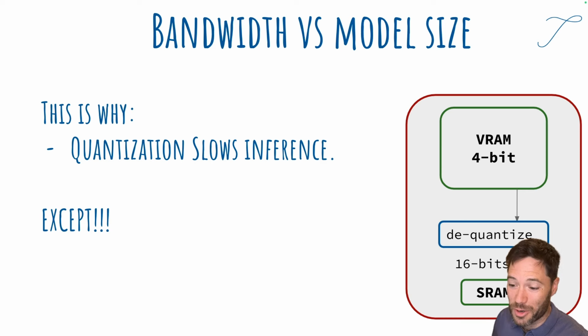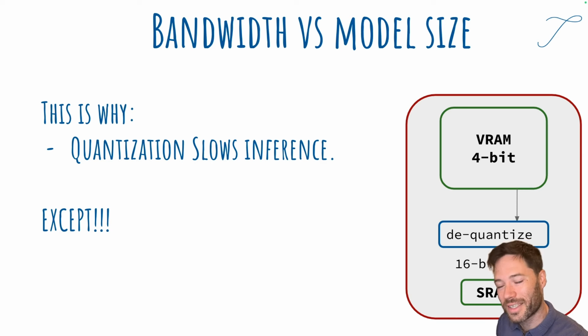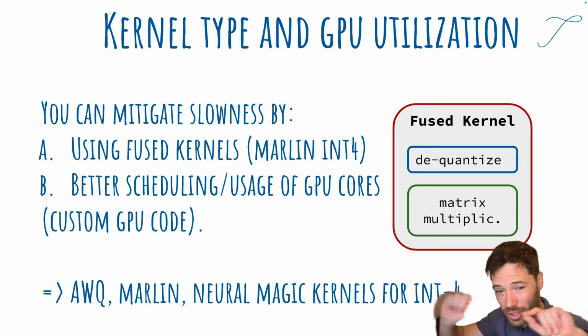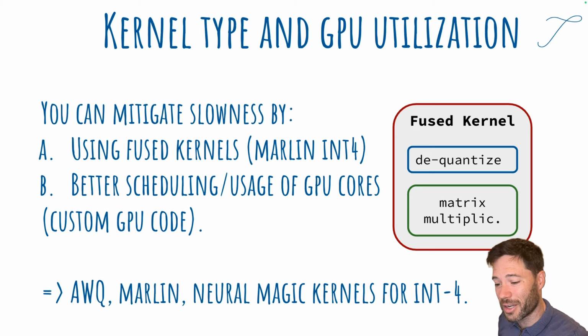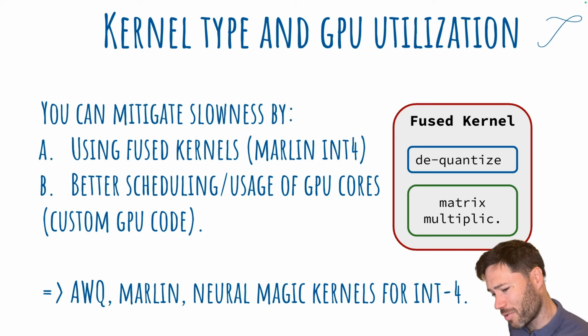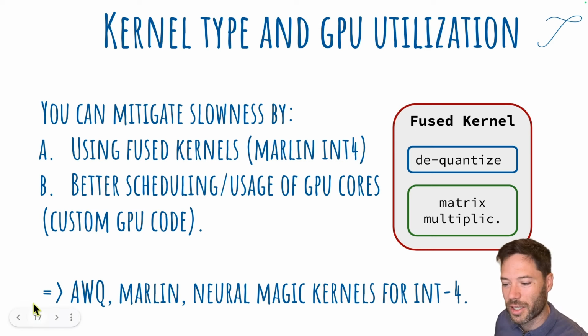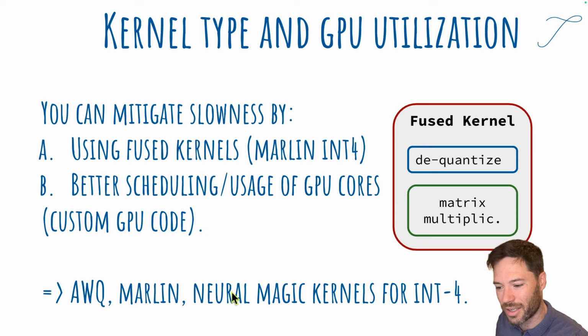Now, there's one further, or rather many further tricks that actually improve on this by another step. The way that you get around the drawback of this extra de-quantization is you build some custom kernels, and you also think carefully about how to schedule which cores are being used in the GPU. I'm just giving a high-level explanation, but this is basically how things like AWQ, Marlin, and a lot of work by Neural Magic work.